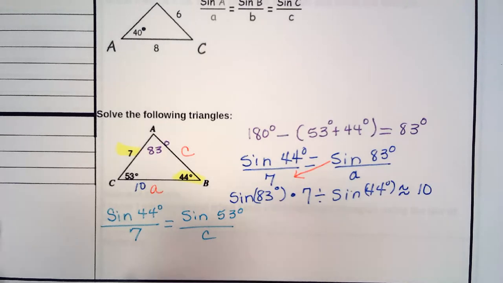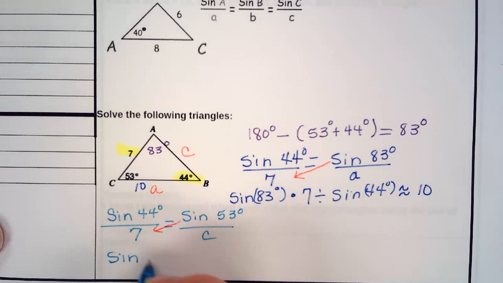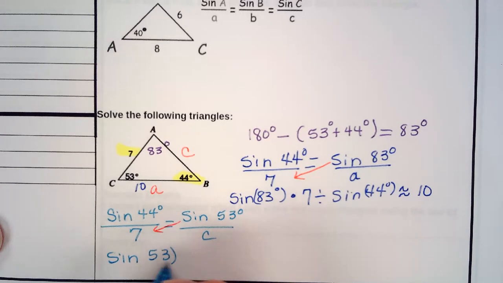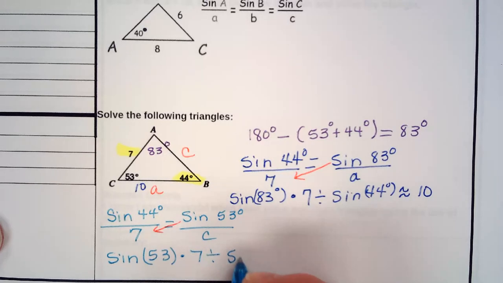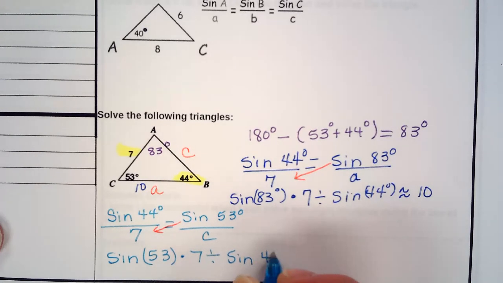So let's set it up. Cross multiplication. The sine of 53 times 7 divided by the sine of 44.